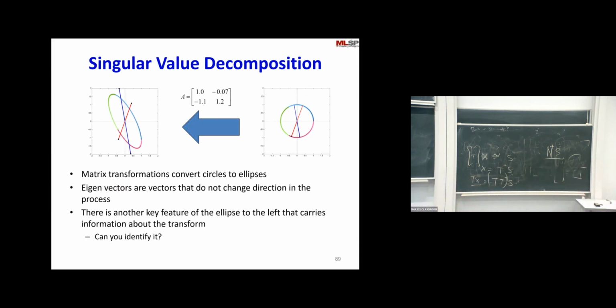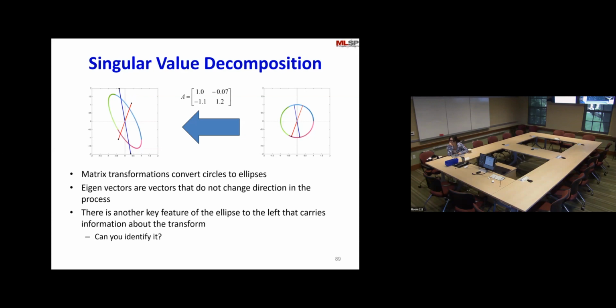But then, over here, if I transform this circle with a matrix, I can specify the transform entirely in terms of the directions that don't change, right? But then there's another way of specifying this transform, another key feature, which tells you how the circle changes. What else about the ellipse tells you something about the transform?